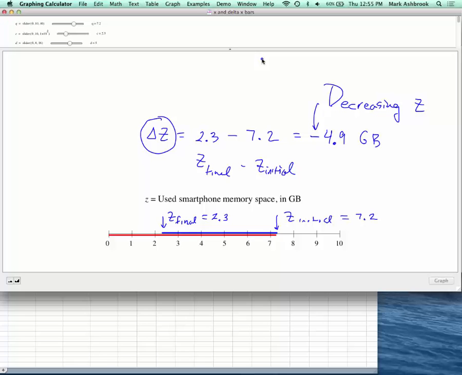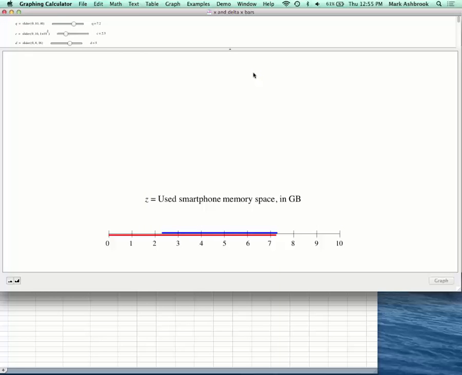We could have negative 4.9 down here, or down here. Its location is kind of mobile. So where it's occurring could be different, even though it retains the same value. Questions about the change in a quantity? All right, so let's put that to practice here in a situation.